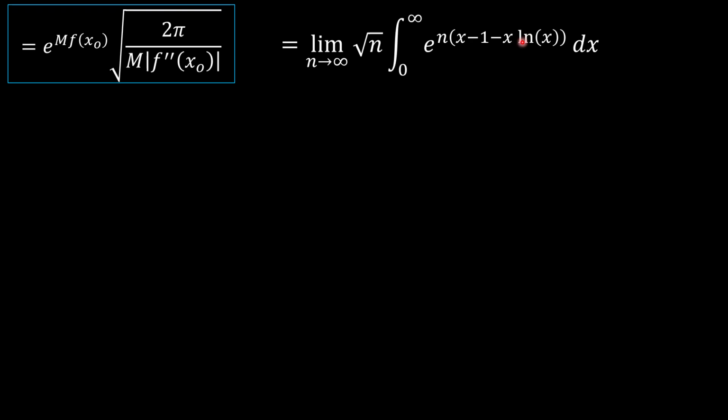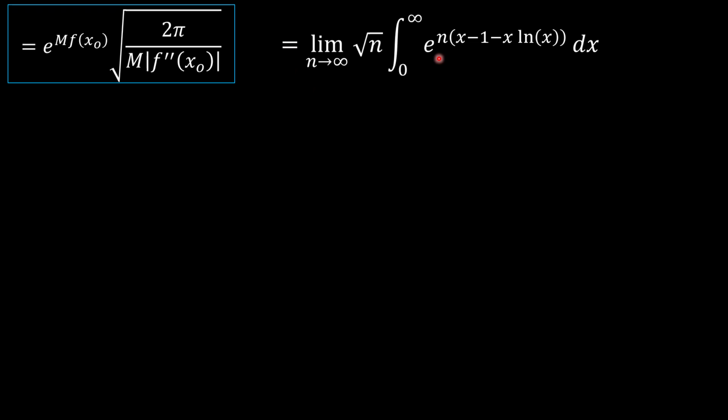The natural logarithm of 1 goes to 0, so we have 1 minus 1, which is 0, and therefore we are going to pull e to the power n times 0, which is e to the power 0, which is 1.